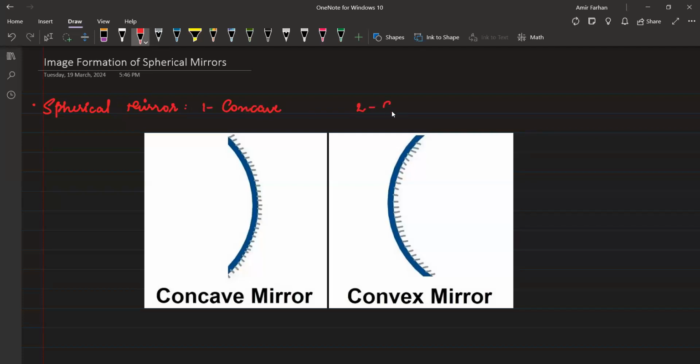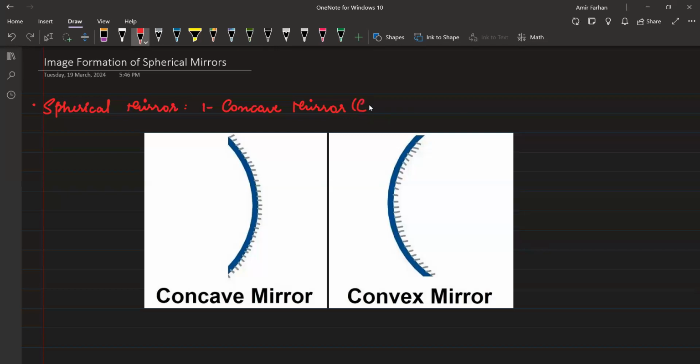Second is convex. And one more thing, this concave mirror is also called converging. Can anybody tell me what is the meaning of converging?